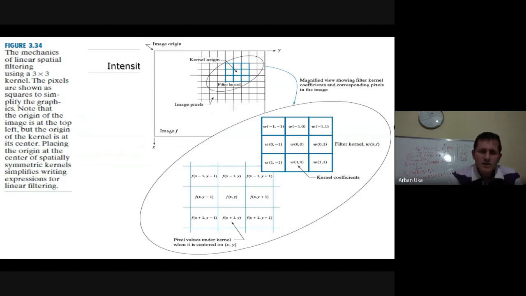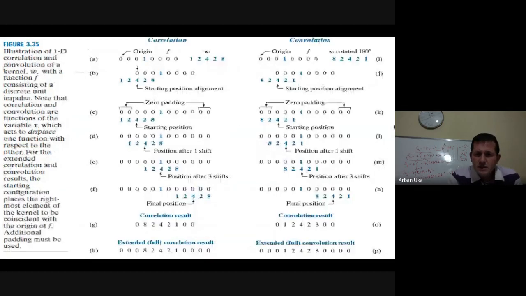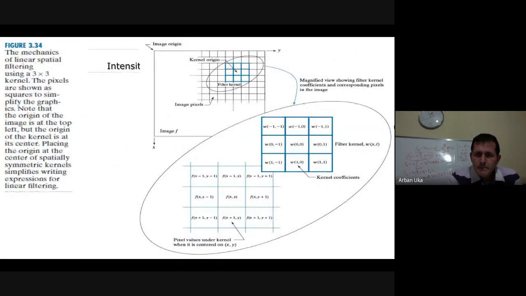Now, the simplest type of filtering is averaging, and averaging is going to look simply like this. So this is averaging, and this is like a box filter.